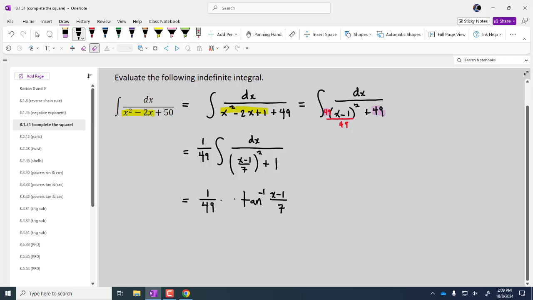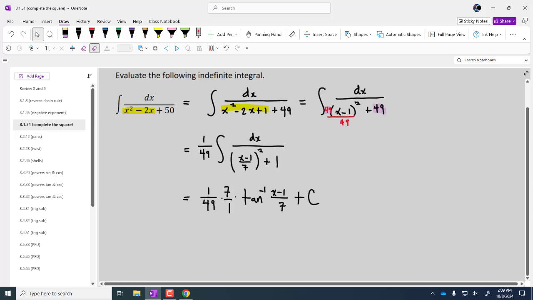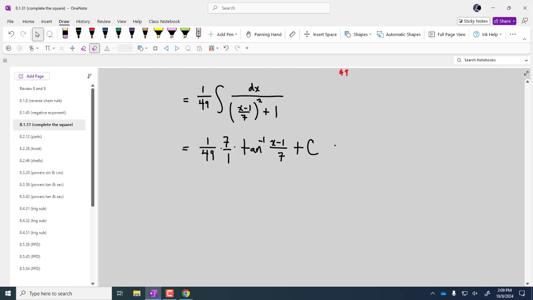What's the derivative inside those parentheses? 1/7. Divide by 1/7 means multiply by its reciprocal, so we're going to multiply by 7 over 1. And all we can do is simplify that front a little bit, so we get 1/7 times the arctangent of (x minus 1) divided by 7 plus C.